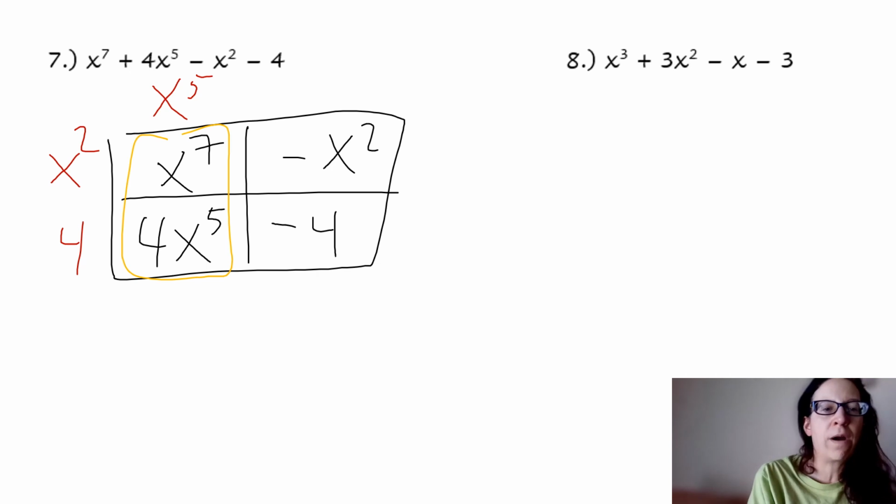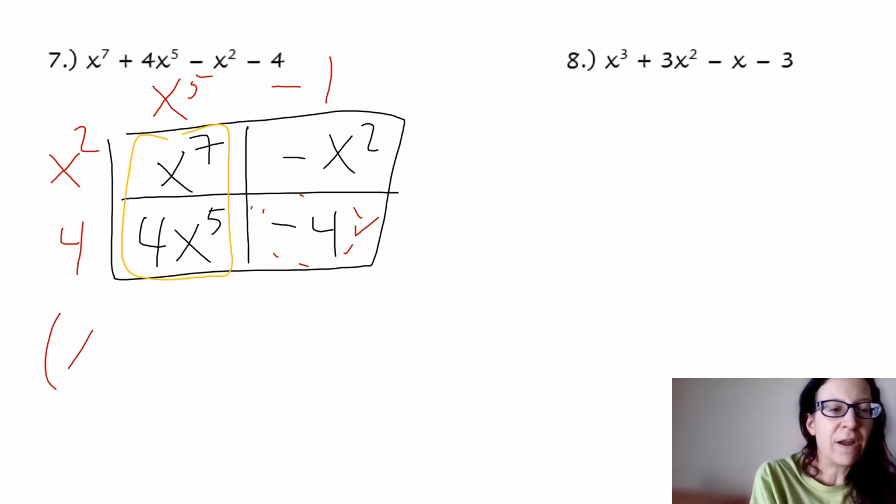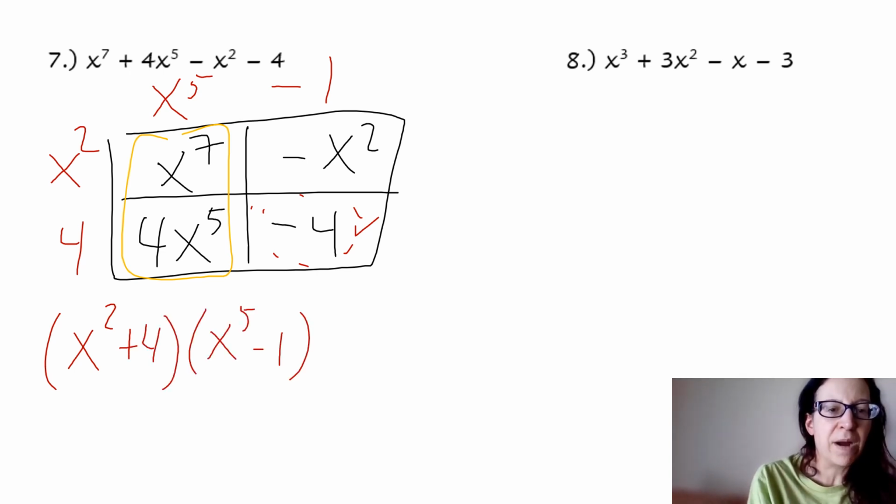Well, that would be 4. And then x squared times what gives me negative x squared? That would have to be a negative 1. And then you can check right here, positive 4 times negative 1 is negative 4. And so my factors are x squared plus 4 times x to the 5th minus 1.